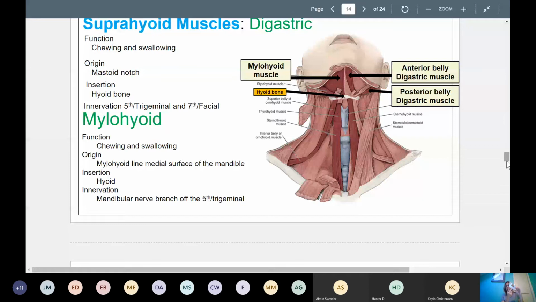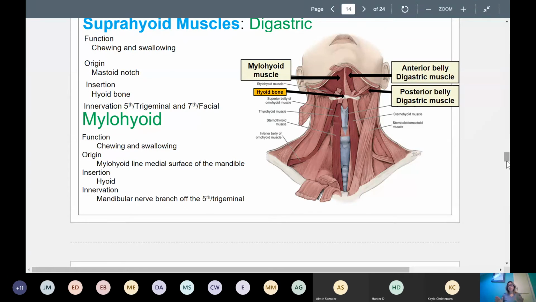And you can see in that picture, it's attached to the mylohyoid line. And it's going to insert into the hyoid bone, so it's going to run kind of this way to the hyoid bone. And its innervation is the mandibular nerve branch of the 5th or trigeminal nerve.